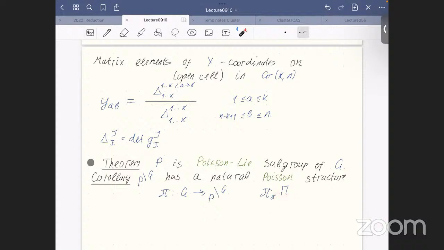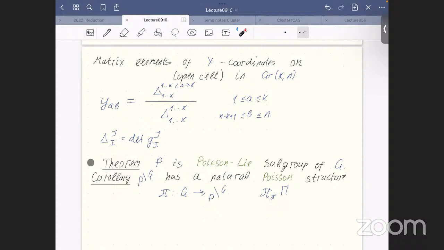In principle, this direct image could be ill-defined, because for one point here, many points from G can have the same image. So it isn't clear that this pi star of pi depends only on the point in the image. But the theorem says that this is well defined.